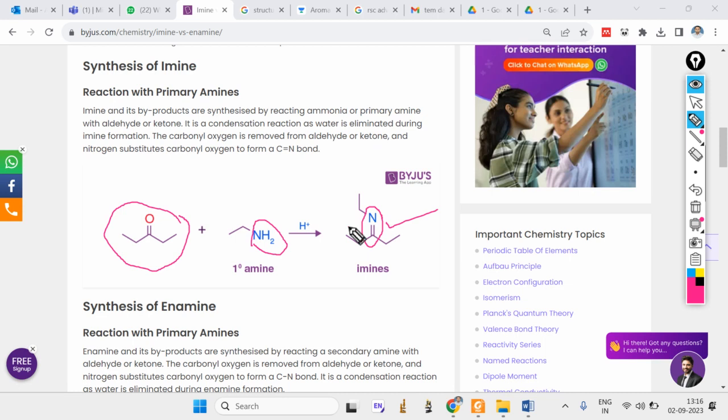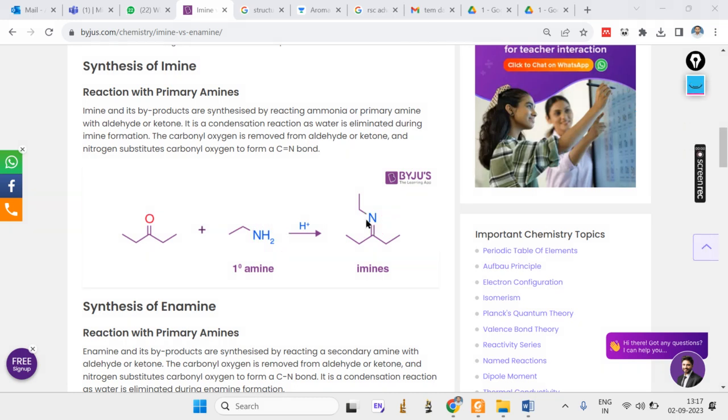If you carry out hydrolysis with water, you go back to the reagents: imine can be hydrolyzed with water to form the primary amine and the respective ketone or aldehyde. Fine, you understand how to prepare that.